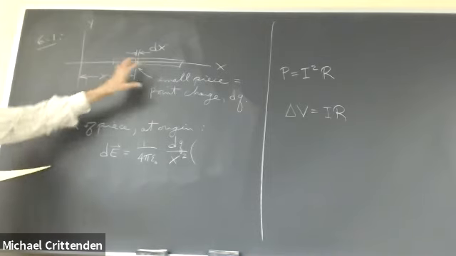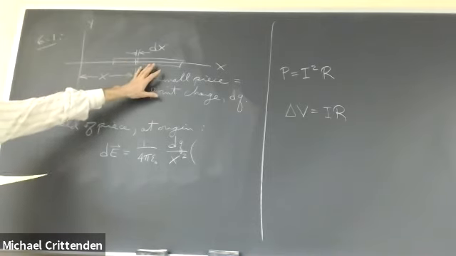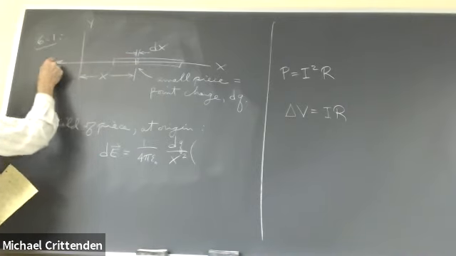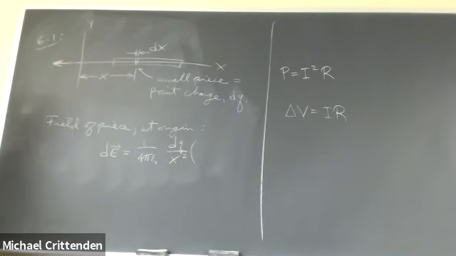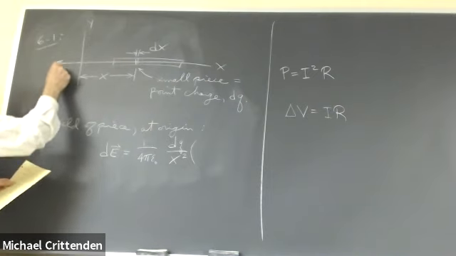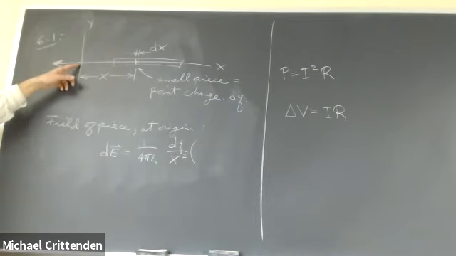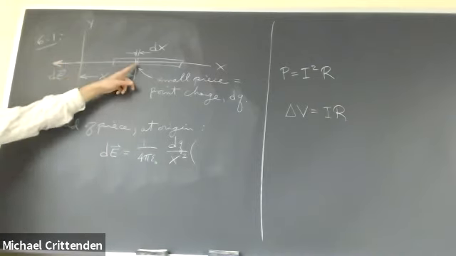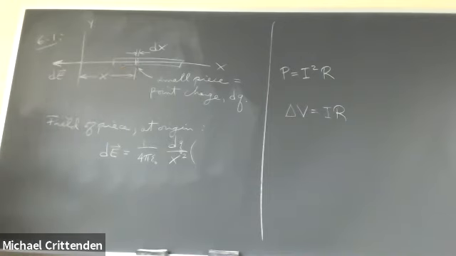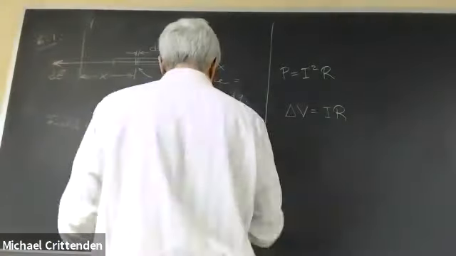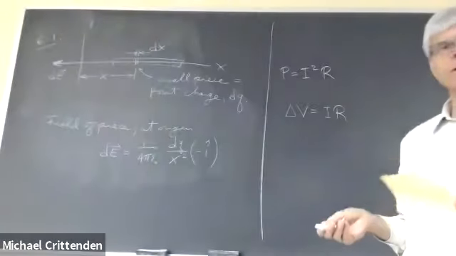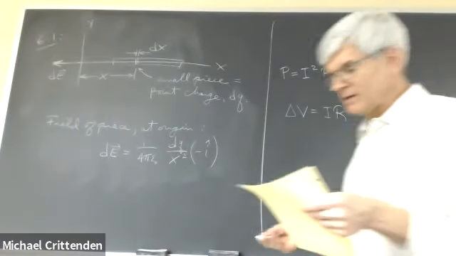So if we're thinking of this as a positively charged rod, electric fields point away from positive charges. So the field at the origin, pointing away from this little charge here, would point to the left. So to give it a direction, I stick minus i on there for my unit vector.